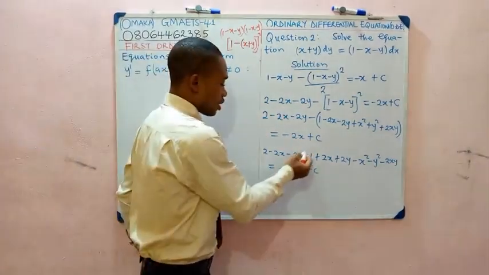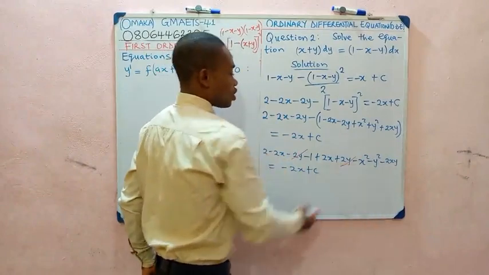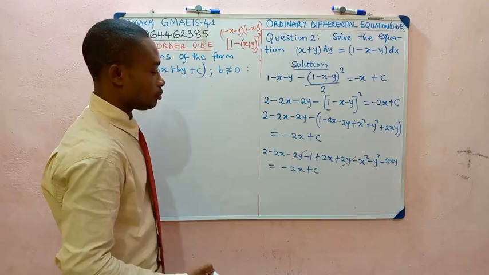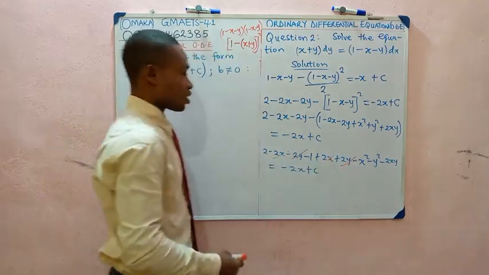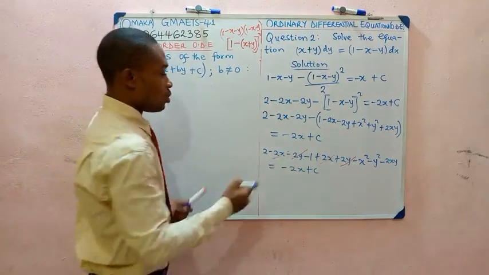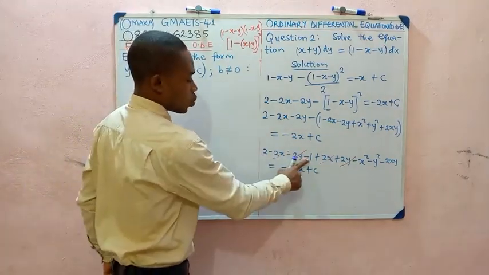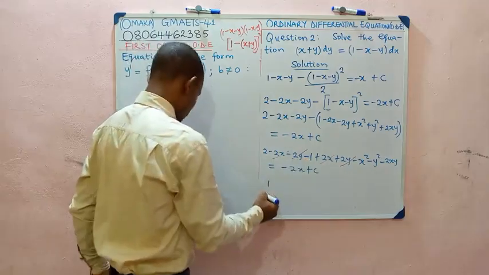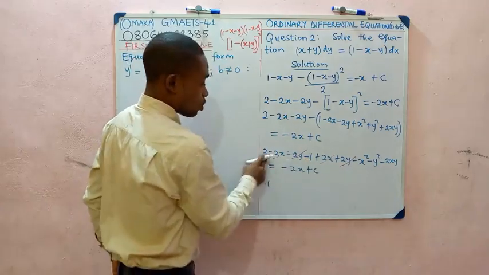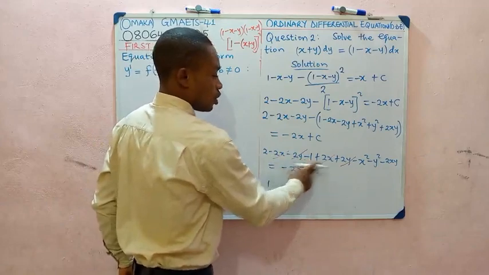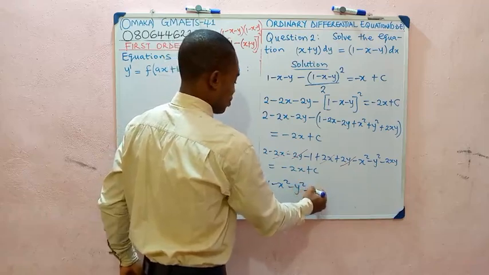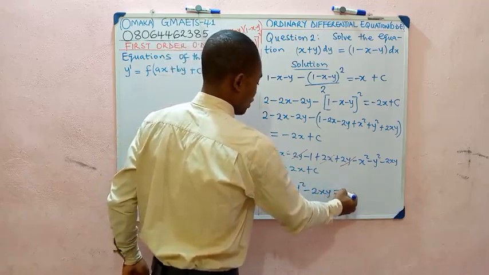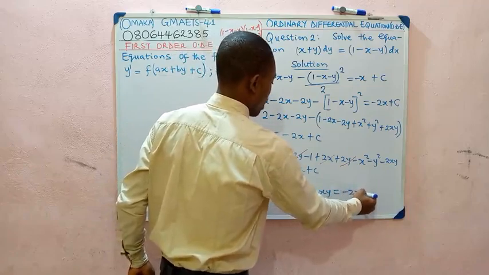You notice that this minus 2y will cancel this plus 2y. Then this minus 2x will cancel this plus 2x. We will be left with 2 minus 1 here, which will give us 1. 2 minus 1 is 1. We are left with minus x squared minus y squared minus 2xy equal to minus 2x plus c.